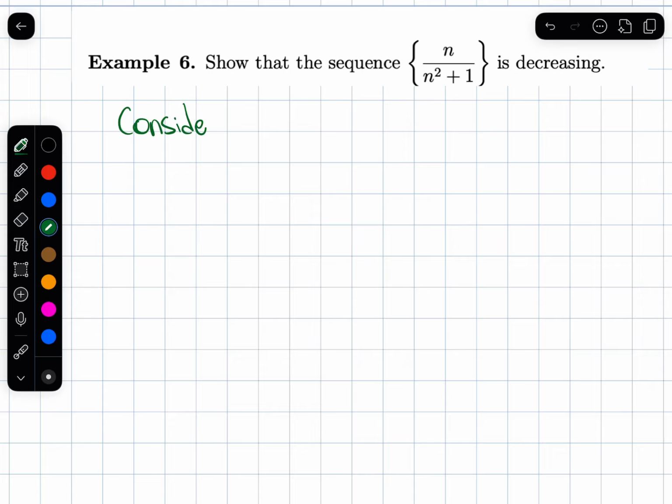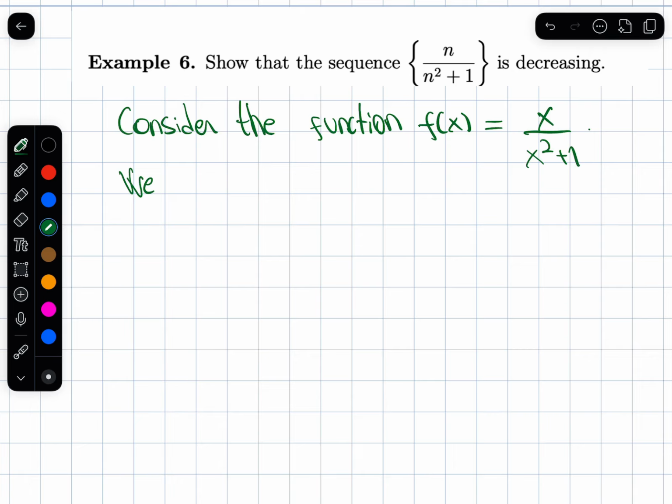So you can think of the sequence, or rather of the function f(x) as n over n squared plus 1, excuse me, I'm using x now, right? So it would be x over x squared plus 1. We can see that a_n is the same as f(n).